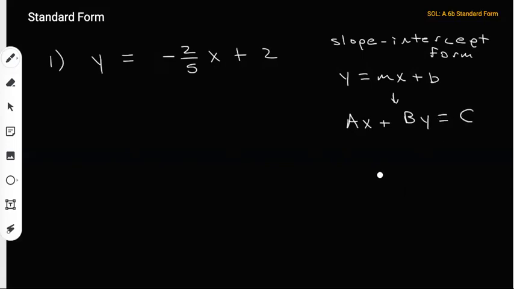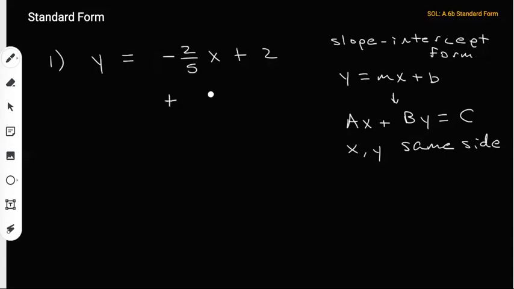So what I need to do is I need to get x and y on the same side somehow. I want to make sure that x and y, both variables, are on the same side. So I need to get this x term to this side. So how do I get rid of a negative 2/5 x?